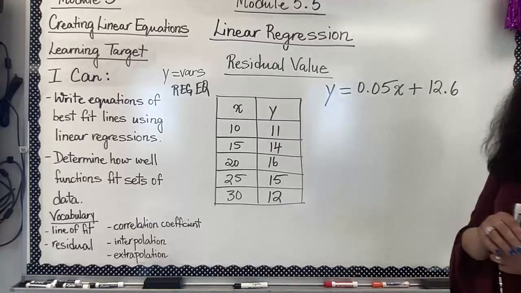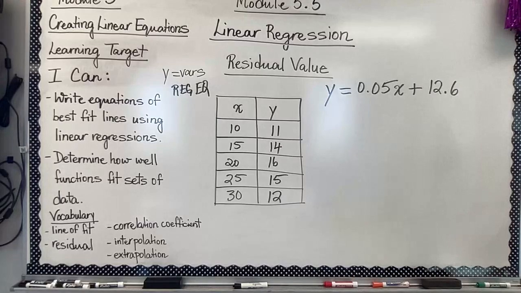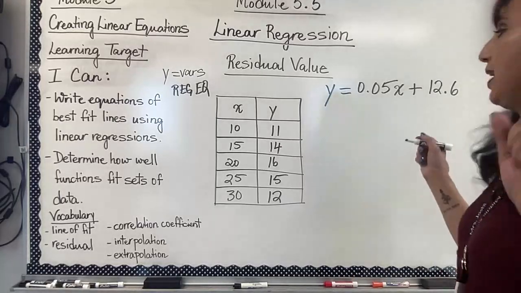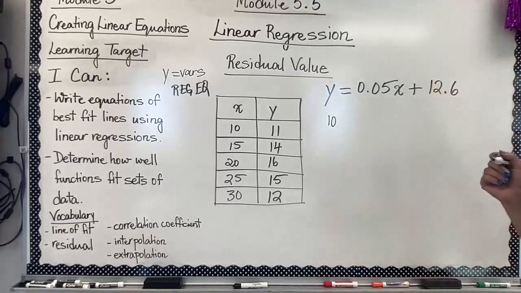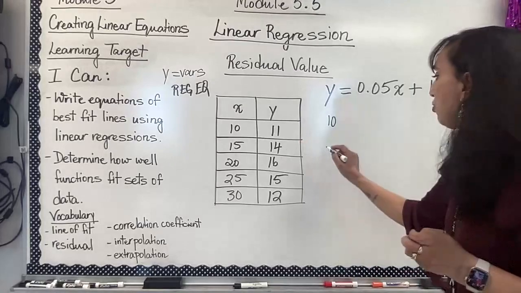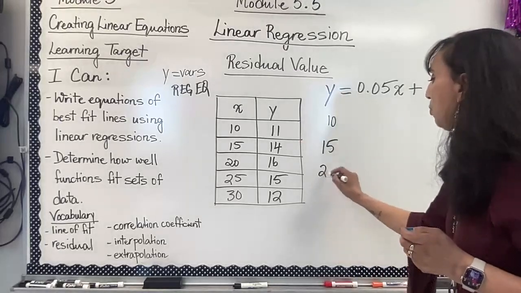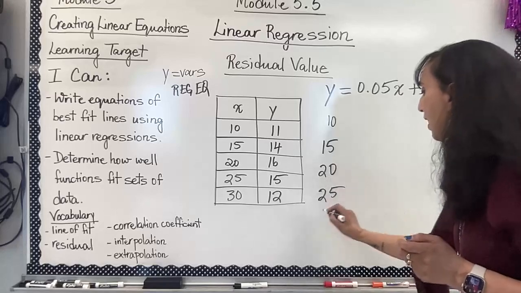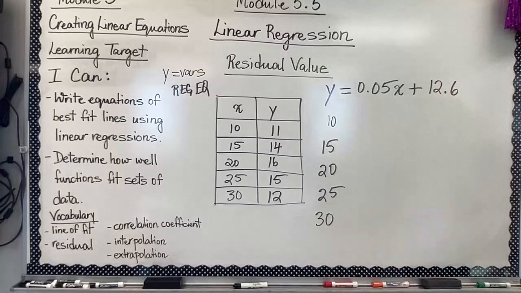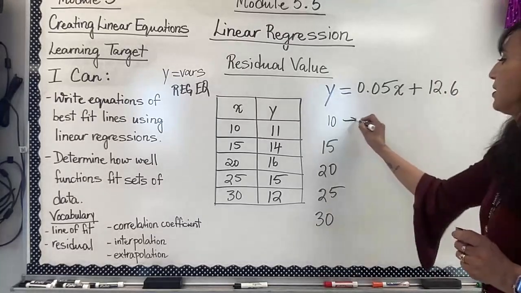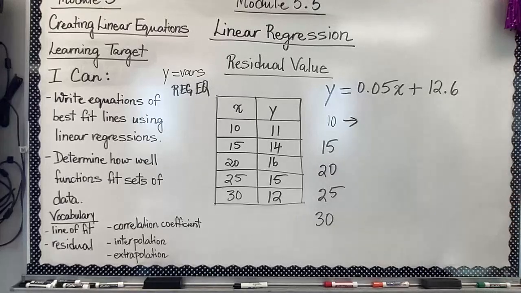So once again, for 10, what do I have? So we are looking at 10, and then we are looking at, these are my values, 10, 15, 20, 25, and 30, right?